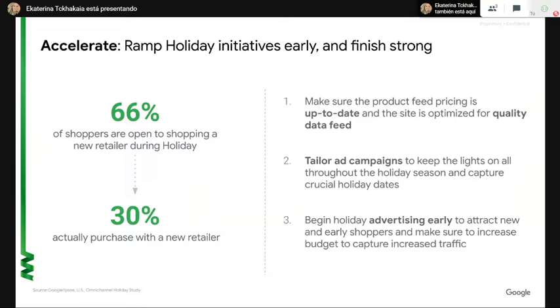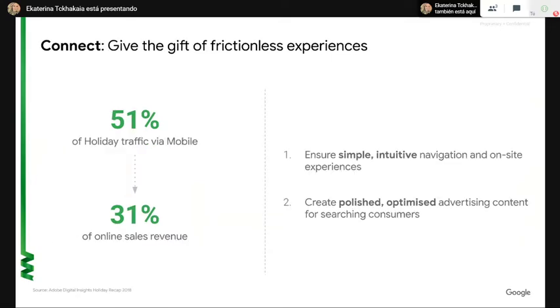Also begin the holiday advertising early to attract new customers or early shoppers or buyers in order to capture that traffic. Also, connect. Speed and simplicity matter, and it's important to put your best foot forward. So delivering simple, intuitive navigation on the website is really important, and it will help with the conversions as well.